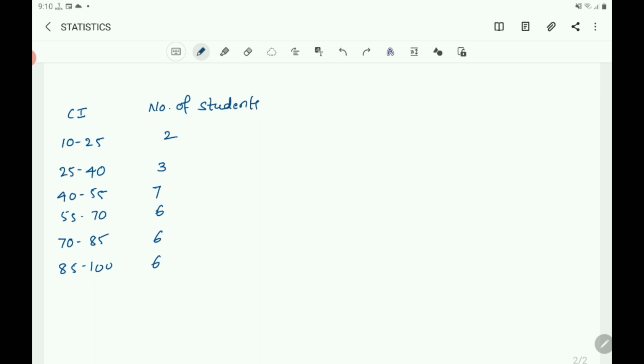The midpoint is also called the class mark. Midpoint or class mark of each class can be chosen to represent the observations.